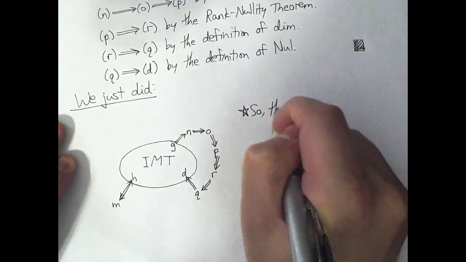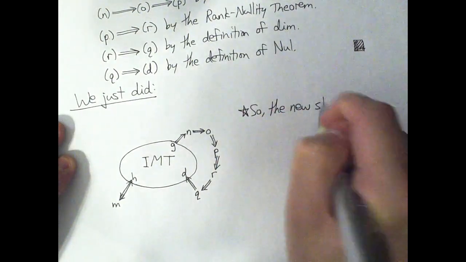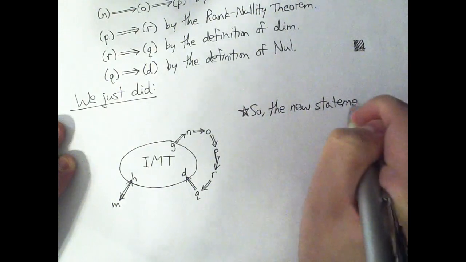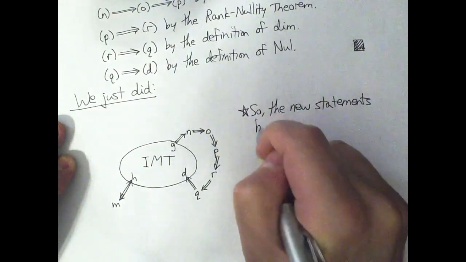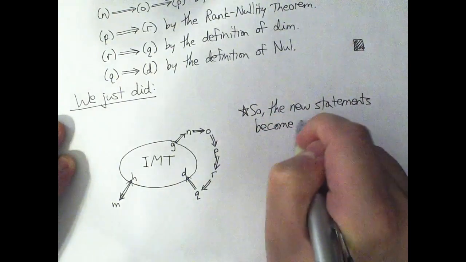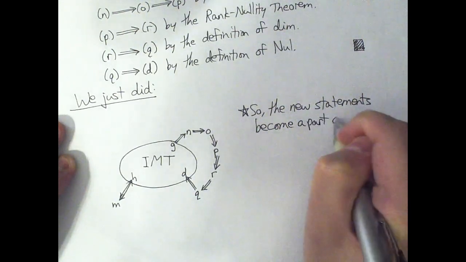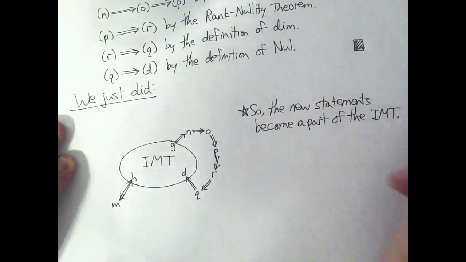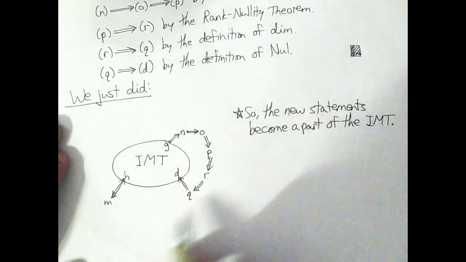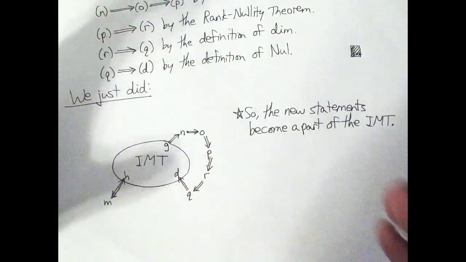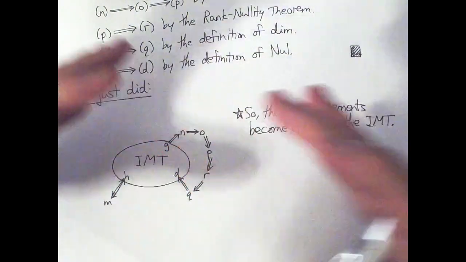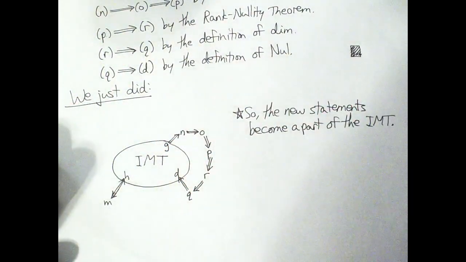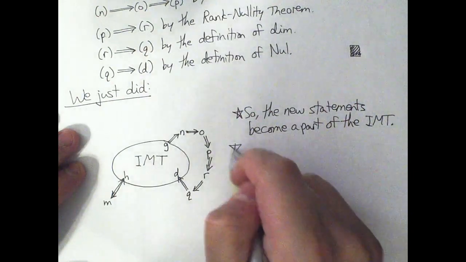So the new statements become a part of the IMT. I think I used the word absorbed. It's like they get absorbed into it. Maybe a better way to describe it is to say the theorem has grown, has expanded to include a lot.